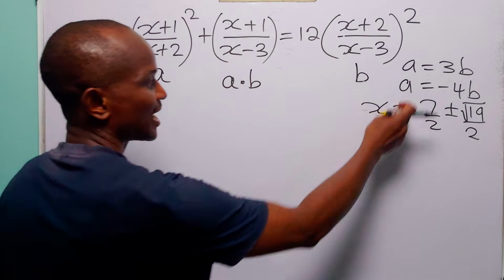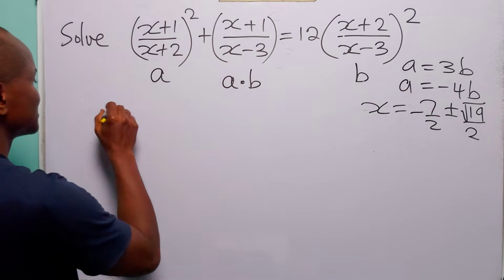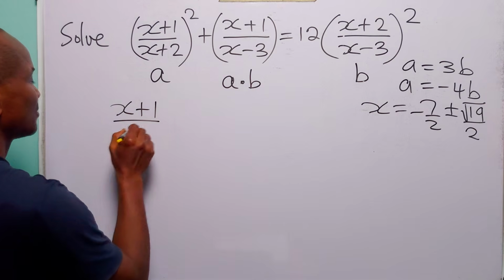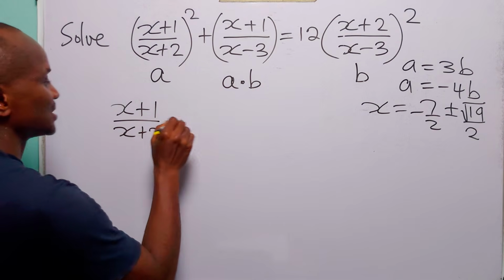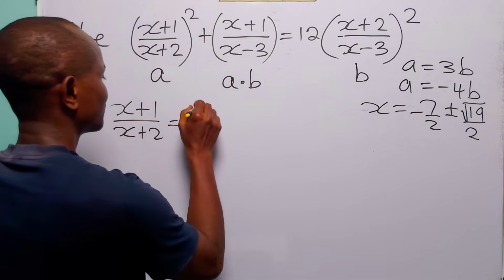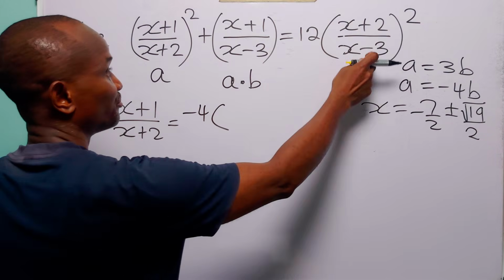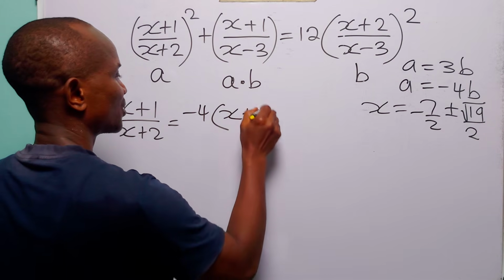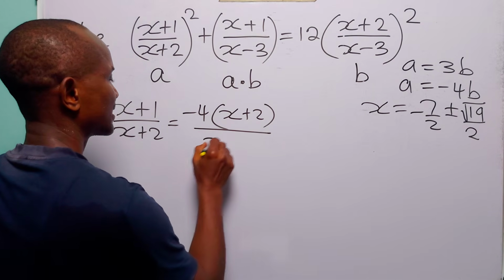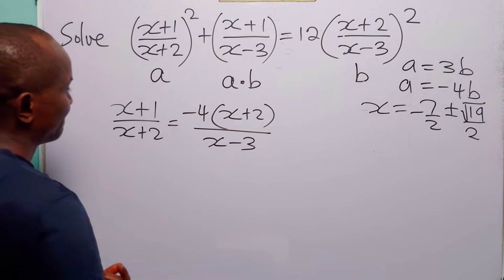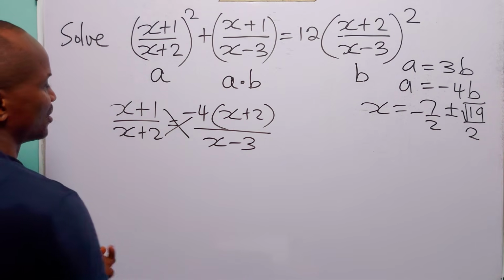And in the second case, we have that a, which of course is x plus 1 over x plus 2, is equal to minus 4 times b, which is x plus 2 over x minus 3. Once more, we cross multiply.